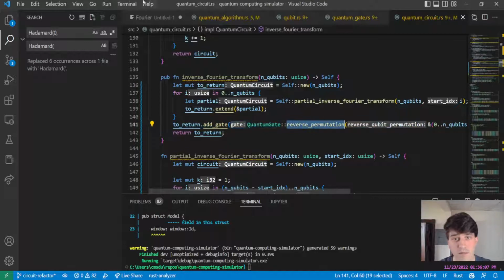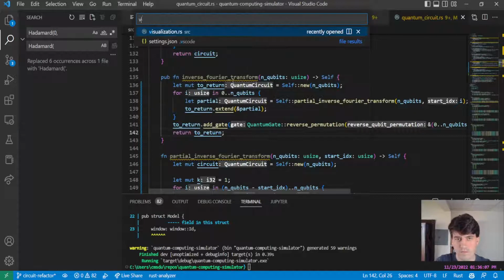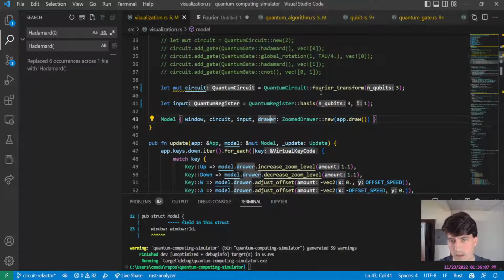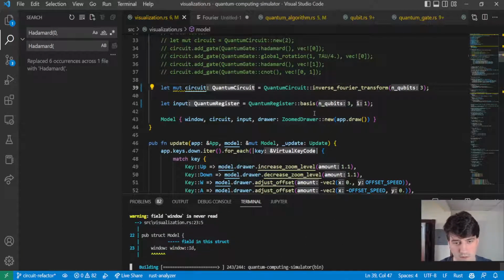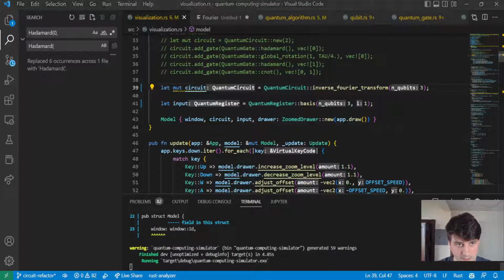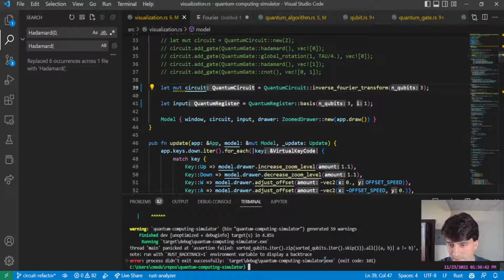Isn't this at the end? Oh, it's because I have the Fourier transform in here. All right. I got excited there, but I did it wrong.